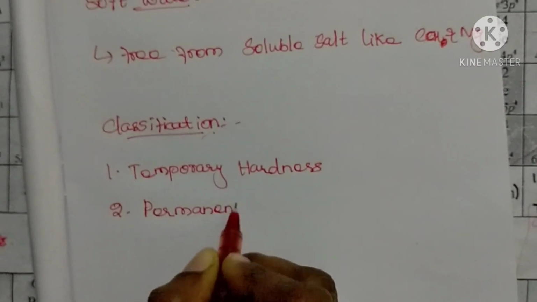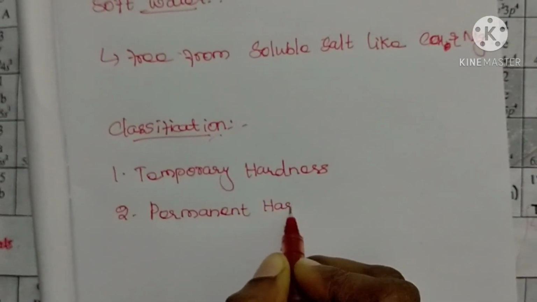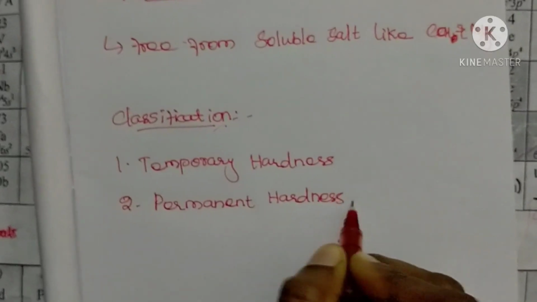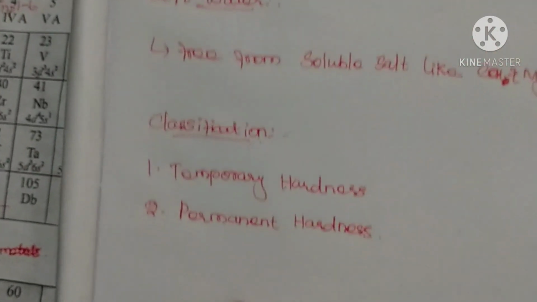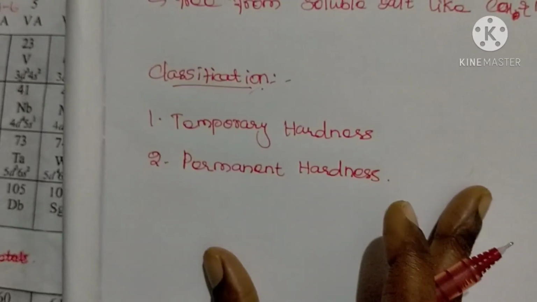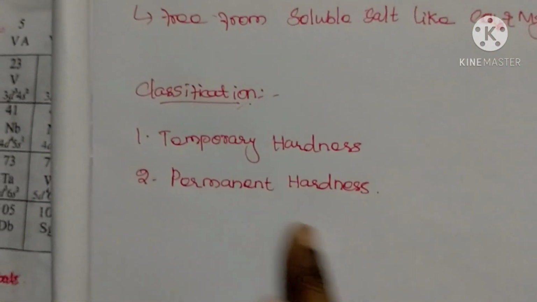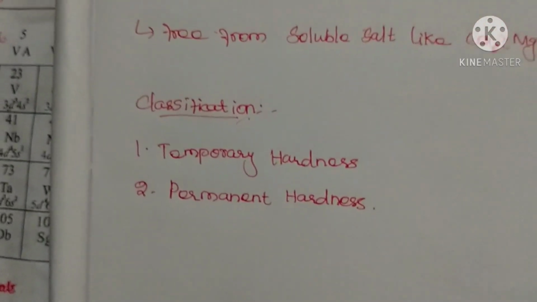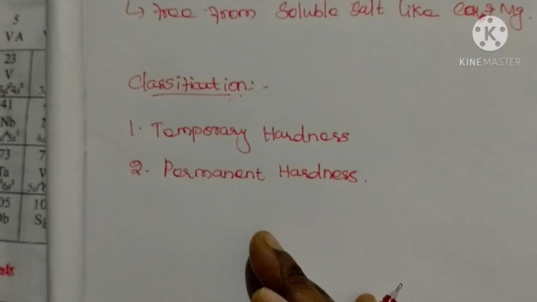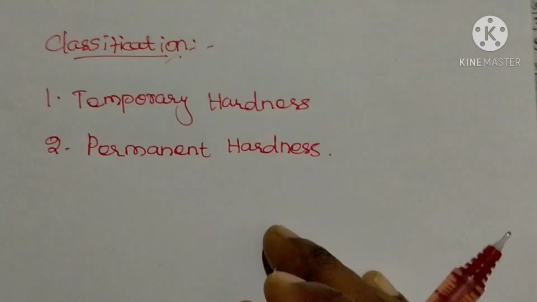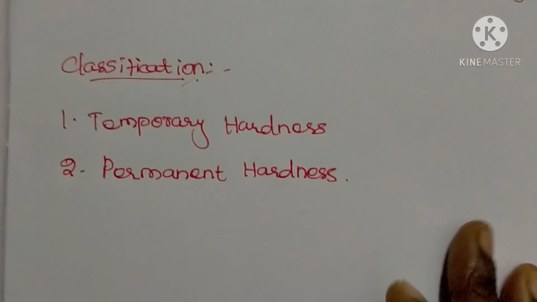Second, permanent hardness. So we classify the hardness of water into two types: temporary hardness and its removal, which we are going to see in this session, and permanent hardness of water and its removal.